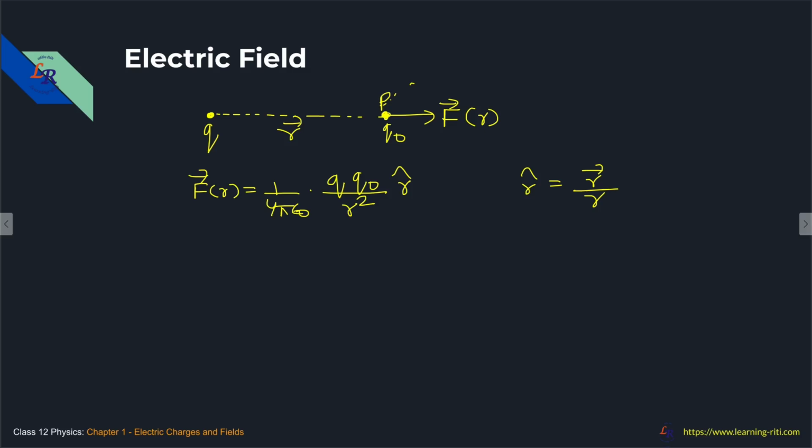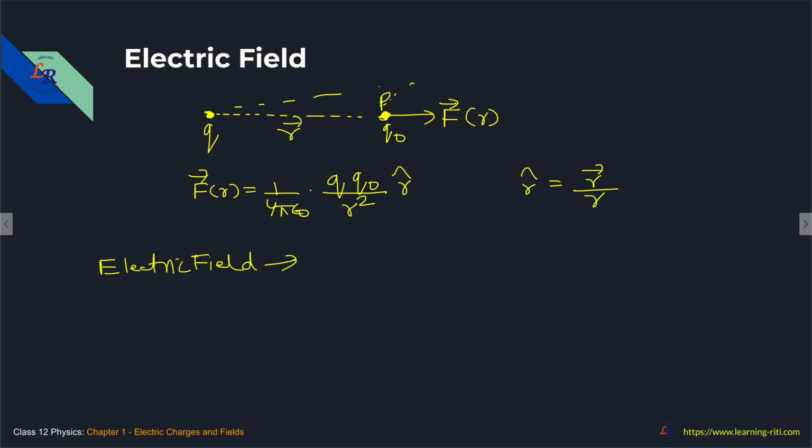We introduce a concept of a distributed quantity, which we call a field. It is a distributed quantity, and we can assume that even if there is no charge here, there is something distributed, which can be vector or scalar, that we call a field. Since this is due to charge, we call it the electric field.